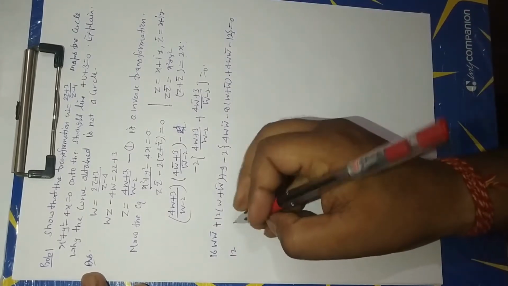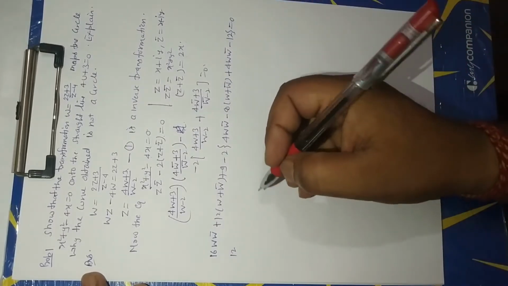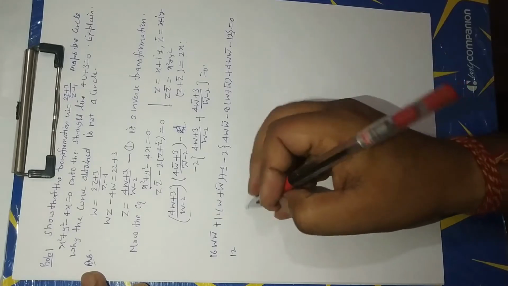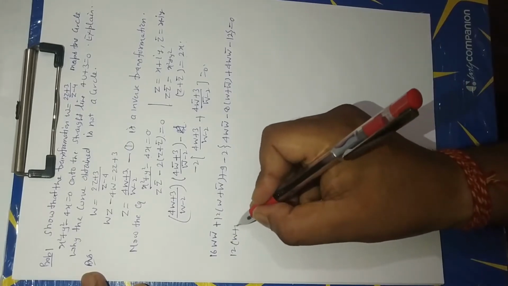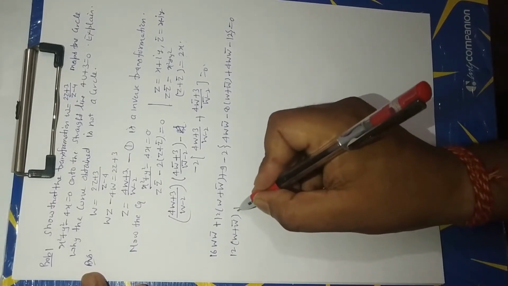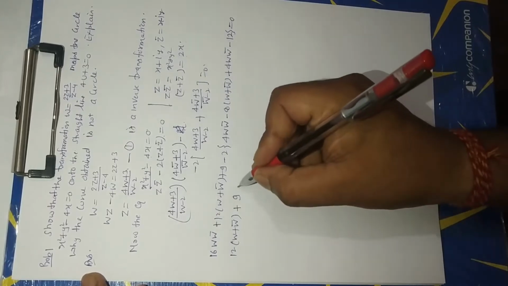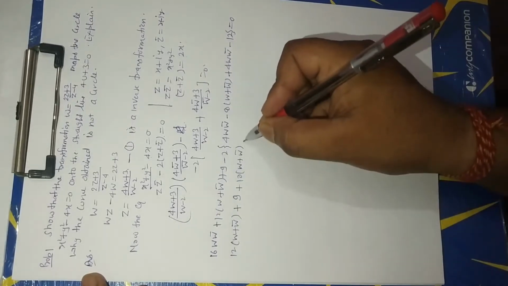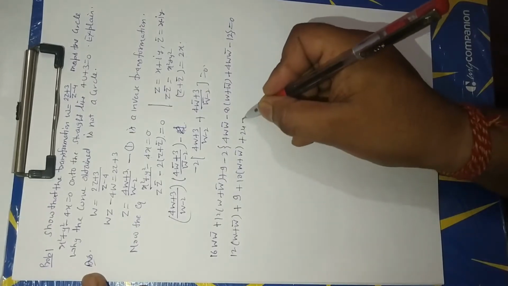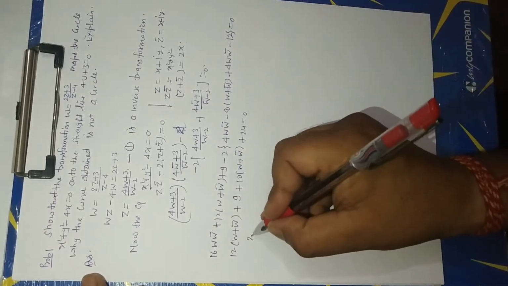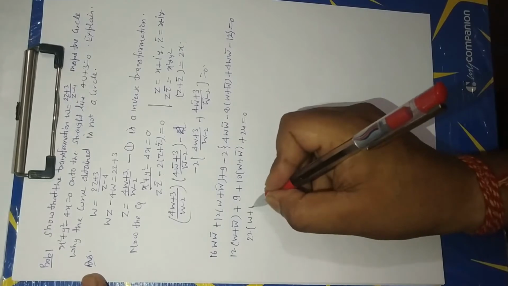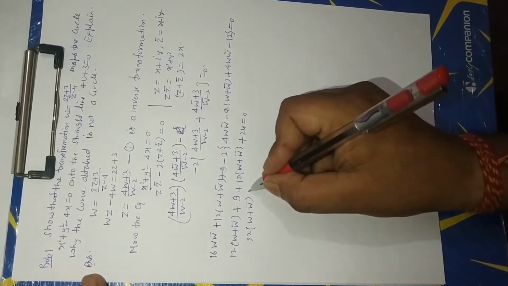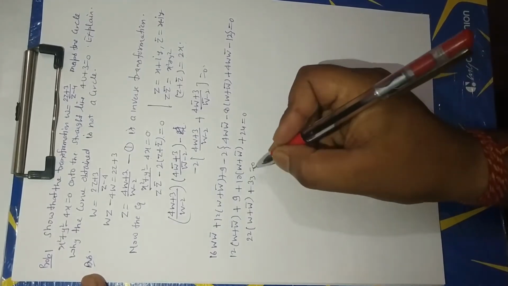Now 12 w plus w bar plus 9 plus 10 w plus w bar plus 24 equal to 0. That is 22 w plus w bar plus 33, this is equal to 0.